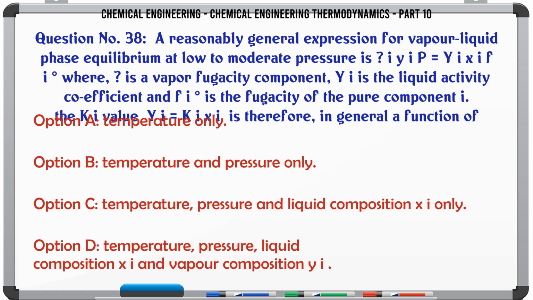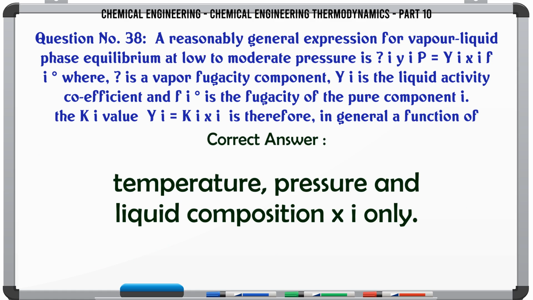B. Temperature and pressure only. C. Temperature, pressure, and liquid composition xi only. D. Temperature, pressure, liquid composition xi, and vapor composition yi. The correct answer is temperature, pressure, and liquid composition xi only.